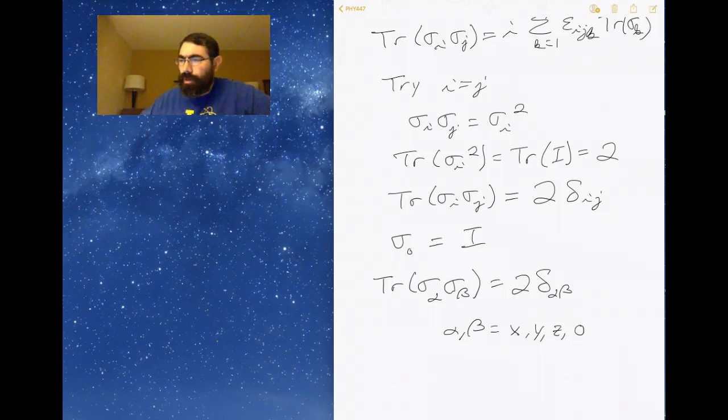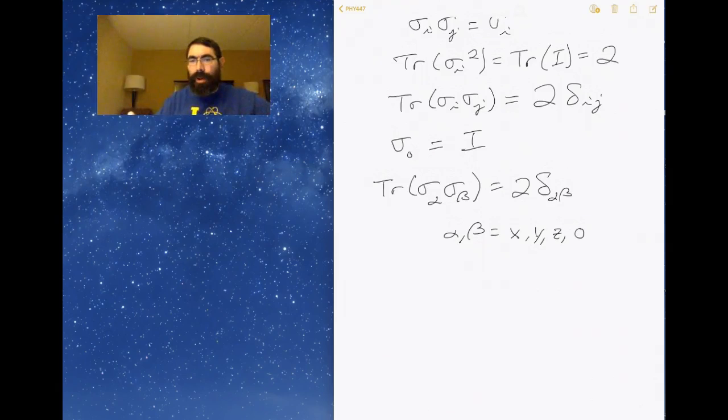So what this last property works out to is that all of these Pauli matrices, now I'll say sigma sub alpha, because we can go from 0, 1, 2, and 3, if you want to call them x as 1, y as 2, and z as 3.